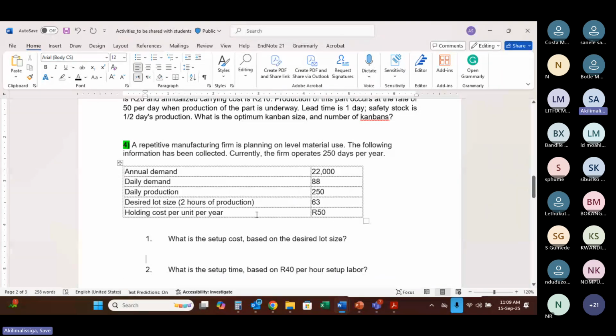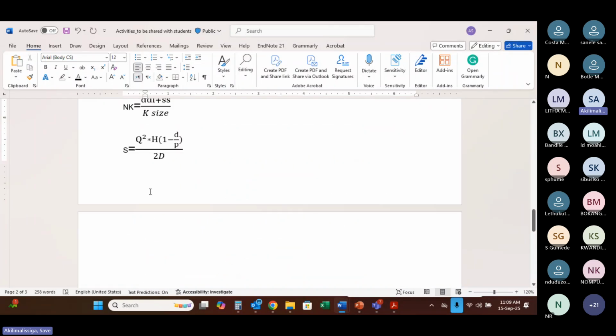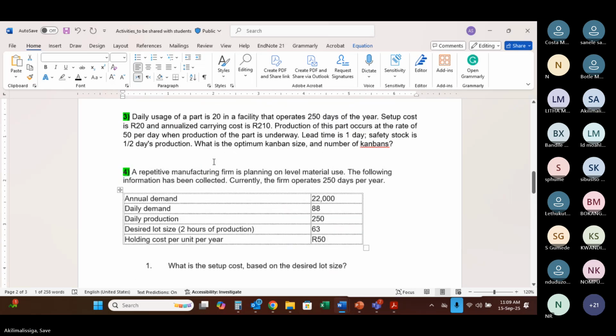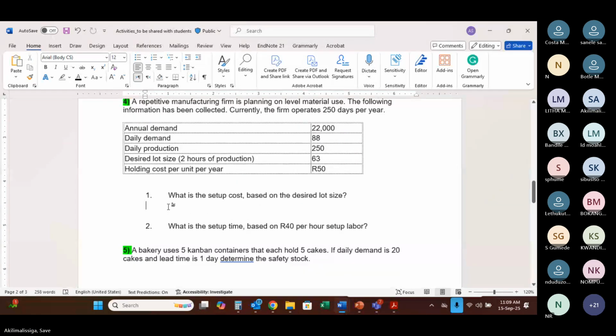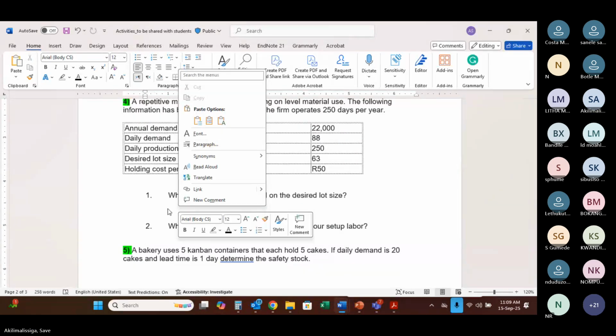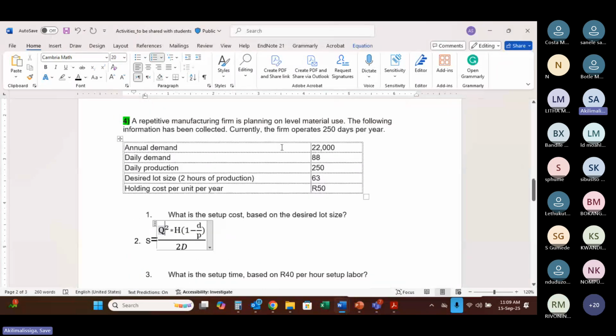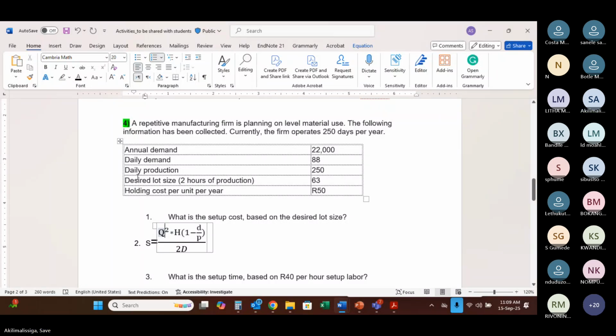So quickly, we're going to do this. We are calculating the setup cost. So for setup cost, we make use of this formula. All right, so here the EOQ is given. Desired lot size, 2 hours of production. Don't get confused with the 2 hours there, just write 63.